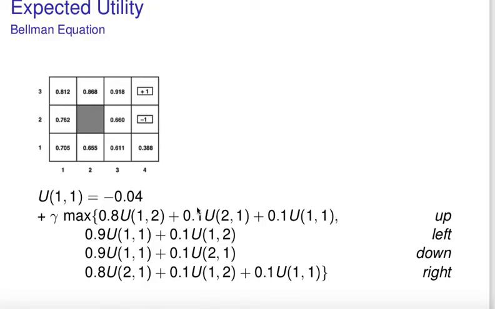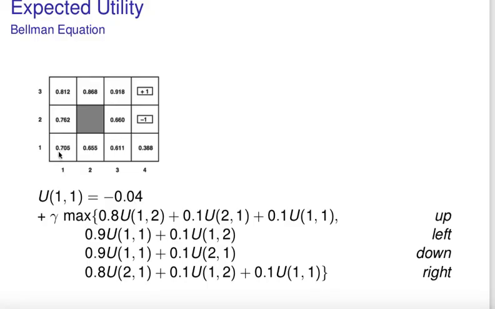This will give us a number. Now, left. What happens if I choose left? The action is left. It's a 90% possibility that I'll stay here, because if I choose left, there's a 90% chance that I will bounce against the wall and I will stay here. 80% of the times I'll go there, plus 10% of the times I'll try to go down, but it doesn't go anywhere.